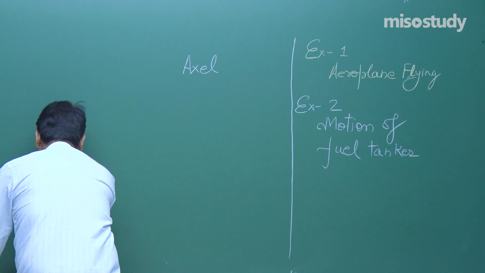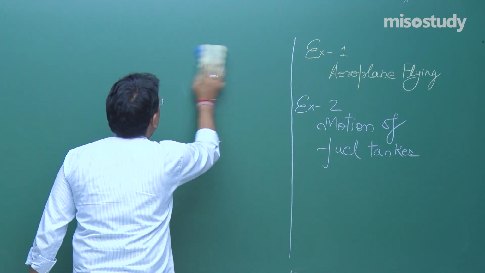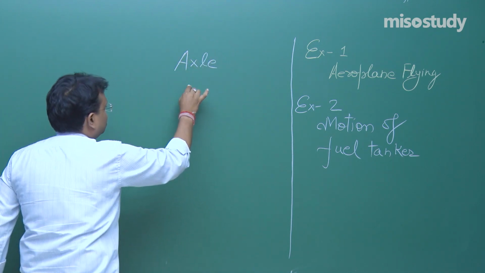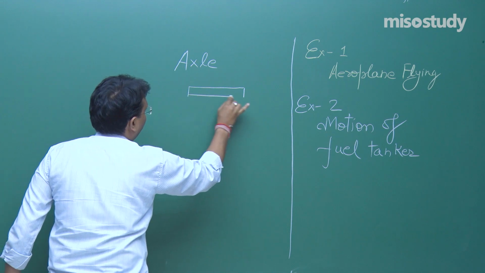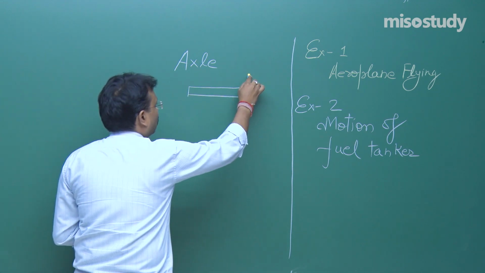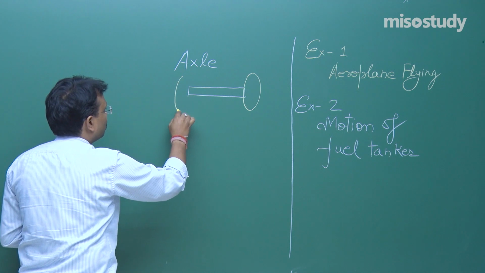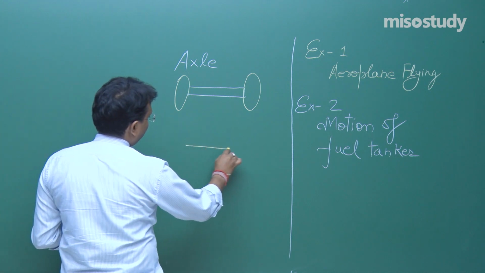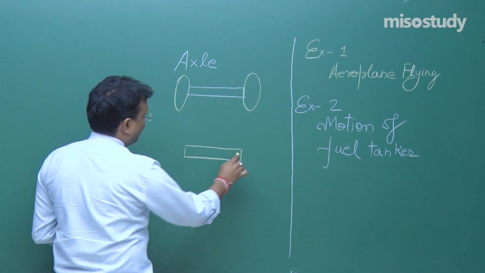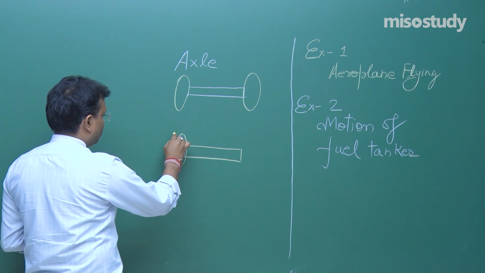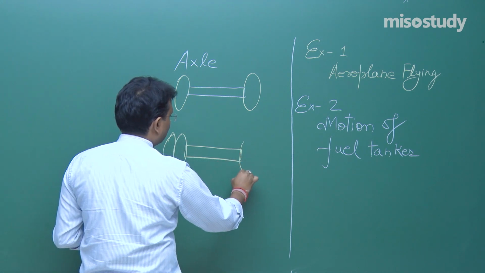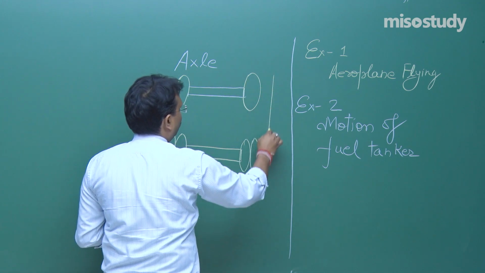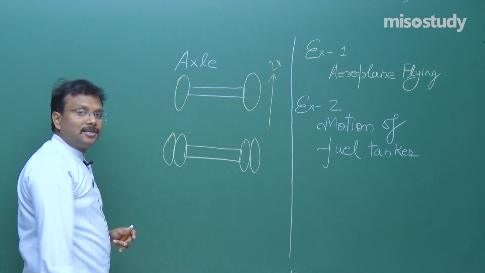This axle is a metallic rod, and on this metallic rod are wheels. So, there is a set like this. Another is in the back side, a set of wheels. Anyway, and this fuel tanker is moving with velocity v in this direction.